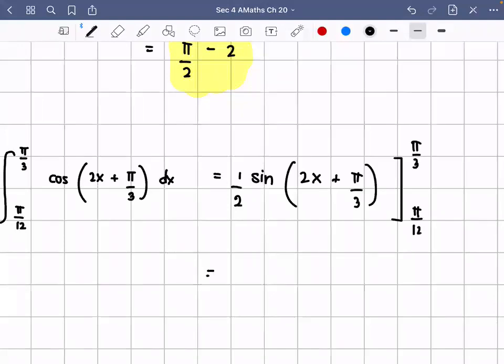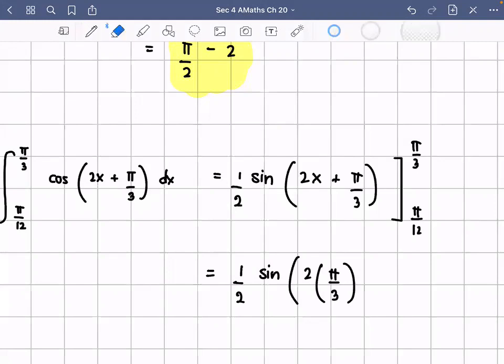So this is now equal to 1/2. So upper limit first, right? So sine times 2 times pi over 3. Let me just use a different color marker.